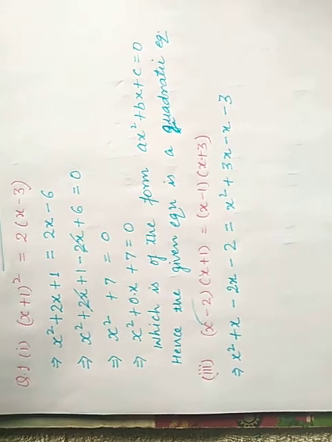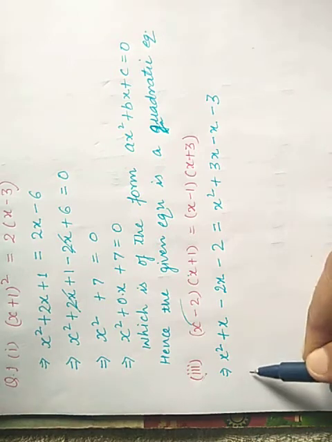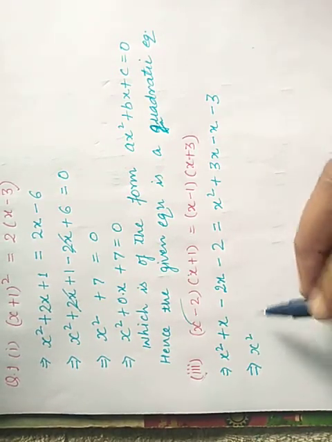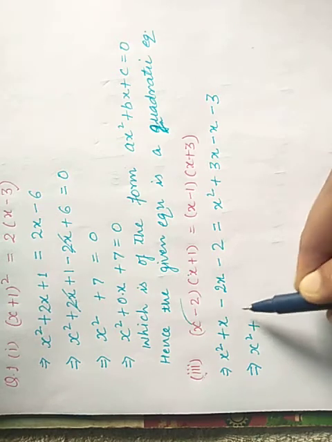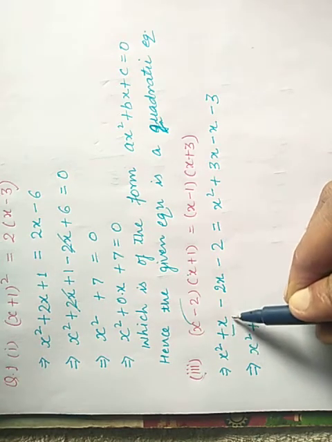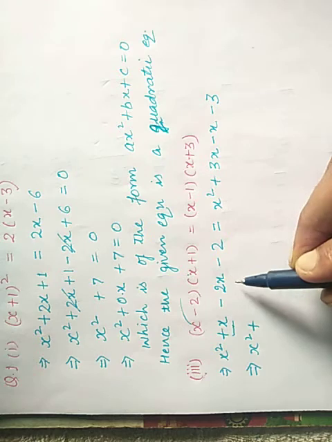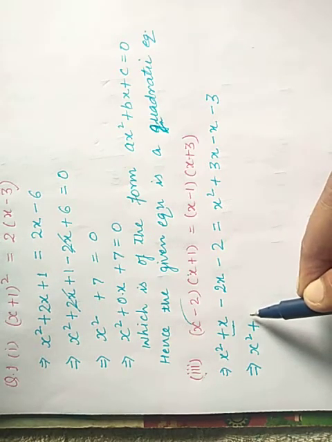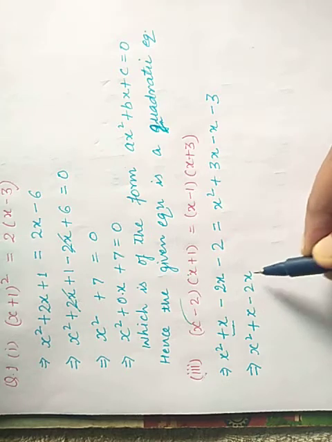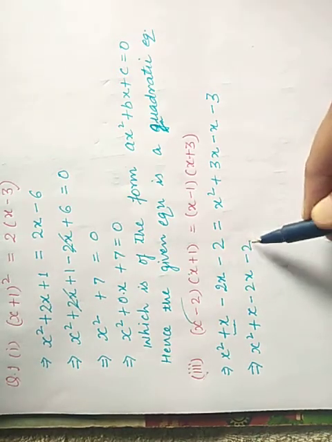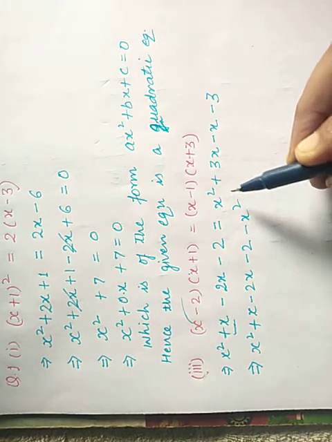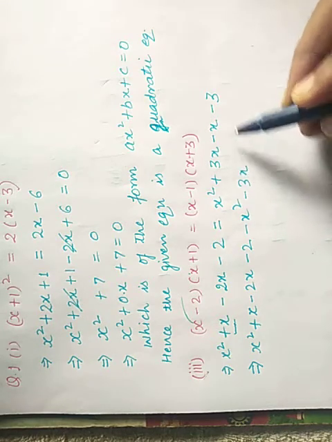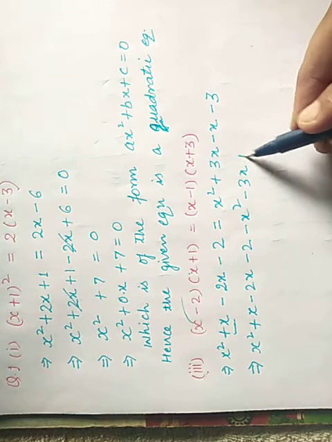Okay, now we will bring all the terms to the left side and we can write it as x square plus x minus 2x will be minus x, but let us keep it as it is, minus 2, and it will be minus x square, plus 3x will become minus 3x, and minus x will become plus x.